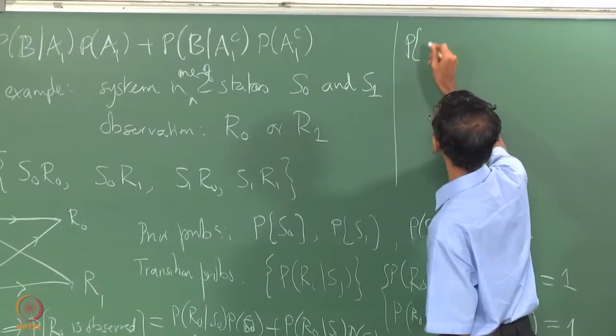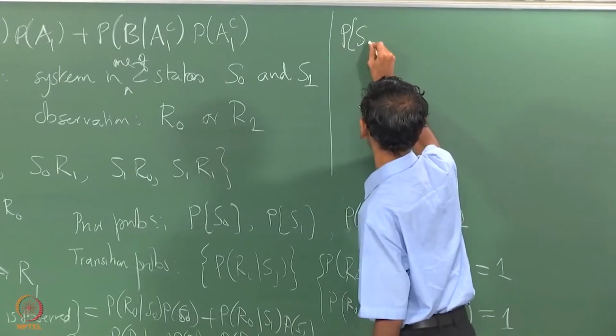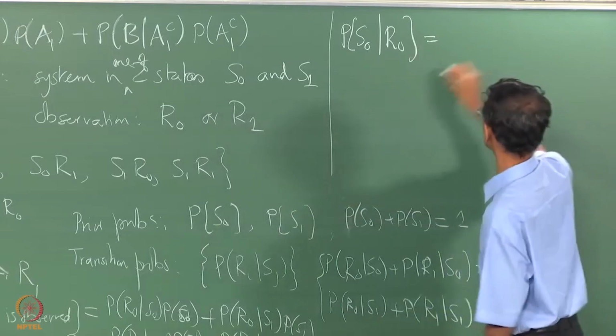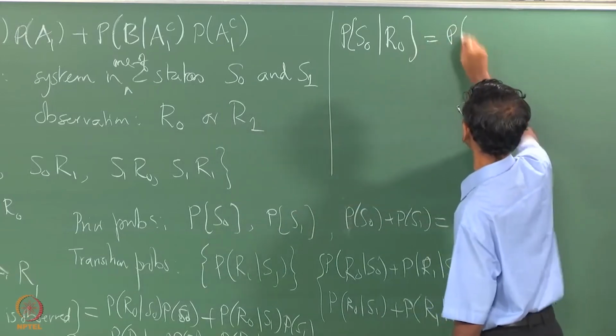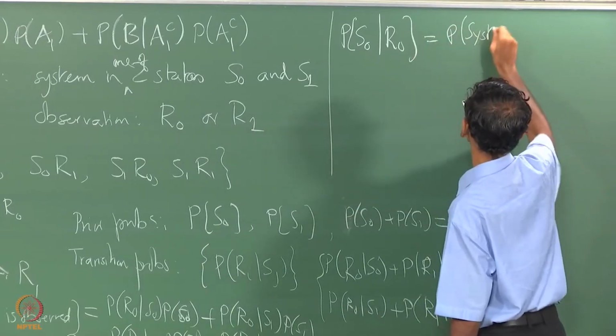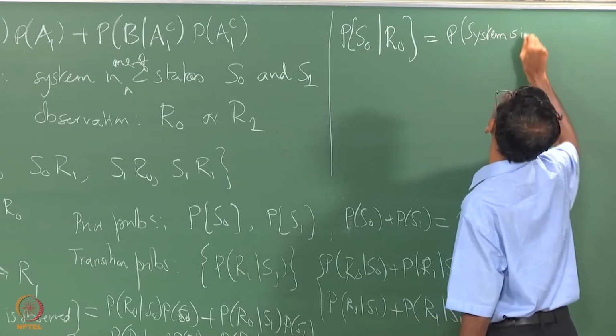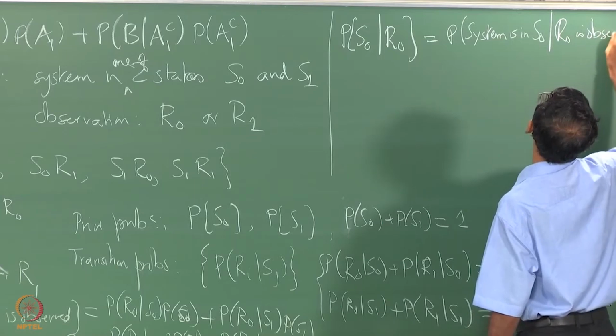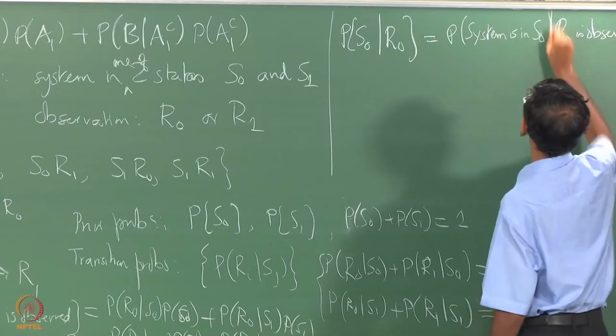Let me just write one of them, P of, let's say, S0 given R0. This is the probability that the system is in S0 given that R0 is observed.